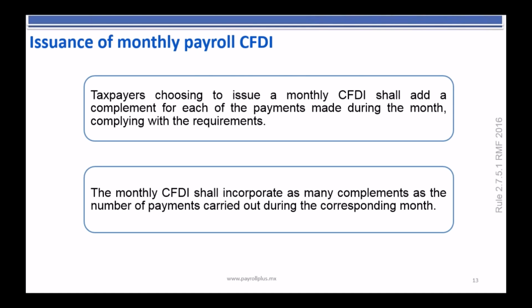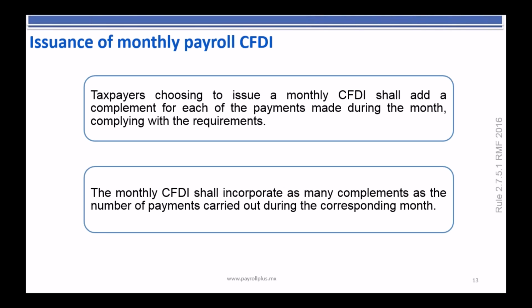And the CFDI must include as many complements as the number of payments carried out during the corresponding month. So what this means is that you can still have one CFDI, but as I mentioned, the complements can be attached to the CFDI. So if you're doing weekly payments, you need to attach four complements.